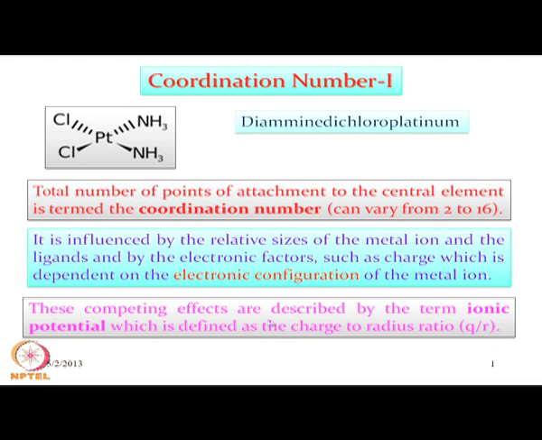So, these competing effects are described by the term ionic potential. If we consider the charge and the radius and the ratio of these two, we will be talking in terms of the ionic potential. The ionic potential of the metal ion will control the coordination number for the different metal complexes.